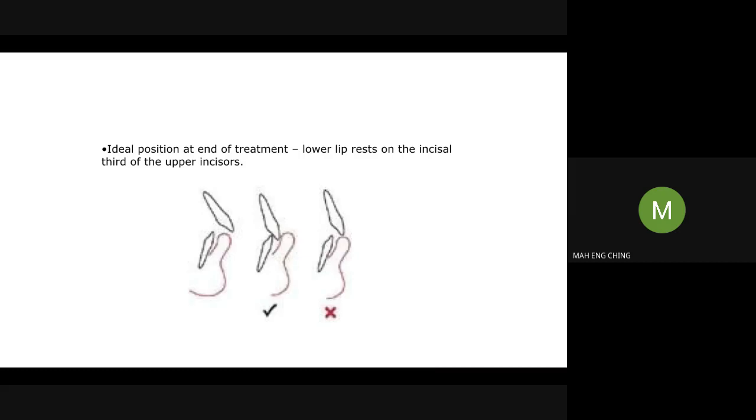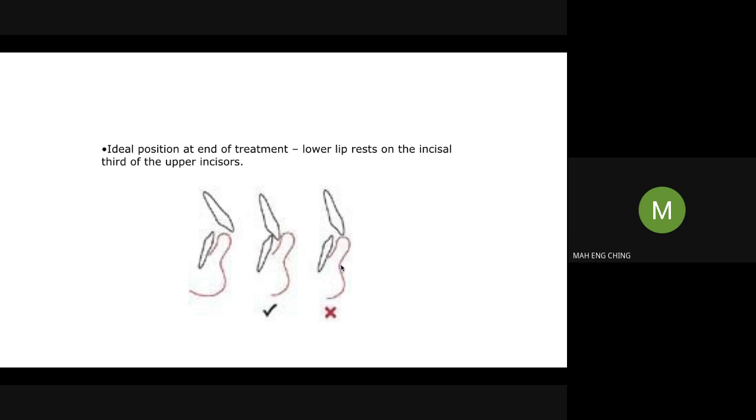So whenever you try to correct a class 2 malocclusion, you always try to bring the lower lip against the upper incisor. If the lower lip rests on top of the upper incisor, that is considered a stable correction. If they cannot achieve lip competency, it means the lower lip cannot rest on the upper incisor.